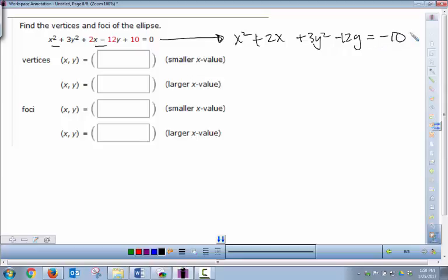and then constant on the other side, and then do that trick where you take half of the b term and then you square it. So this would be x squared plus 2x plus 1. So half of 2 is 1, square that is 1. And here you have to factor out the 3 first.